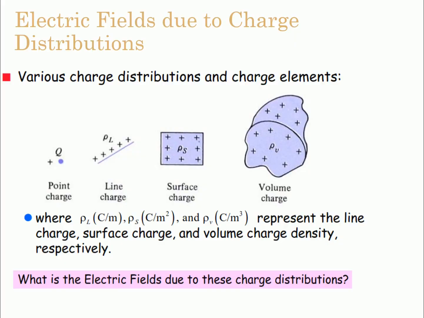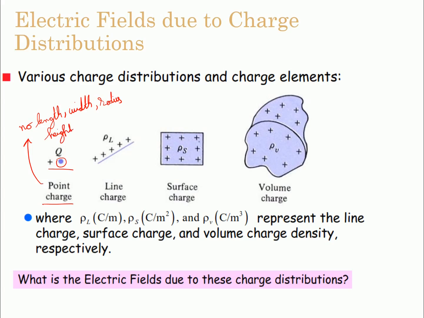So the idea of today's lecture is to understand the various charge distributions and their charge elements. We already talked about a single point charge, where a point charge is that entity that just resembles a single dot, as you can see over here, and its characteristic is such that it has no length, no width, no radius, no height.